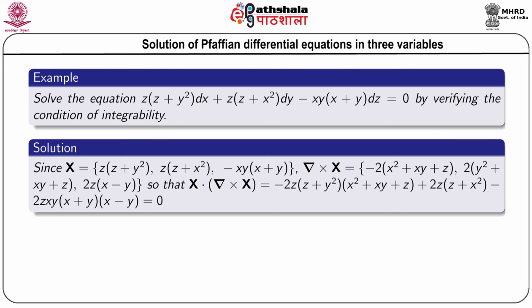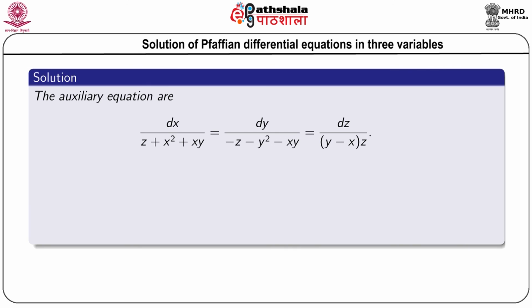So, X is this and curl of X is this. So, X dot curl X is equal to 0 for this equation. So, it implies that this equation is integrable. So, it is possible to find the integral surface of the given equation.